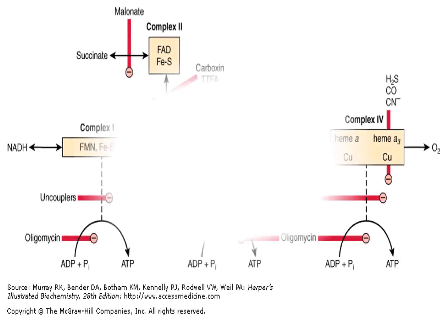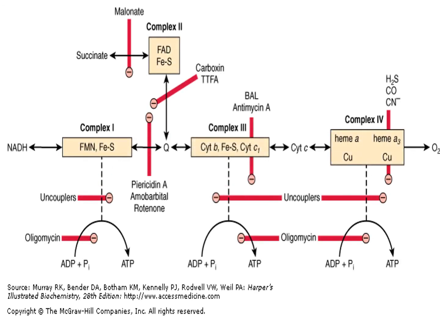Inhibitors of the respiratory chain. They can be classified into inhibitors of the respiratory chain, inhibitors of oxidative phosphorylation, and uncouplers of oxidative phosphorylation. The inhibitors of the respiratory chain are compounds that prevent the passage of electrons by binding to a component of the chain.